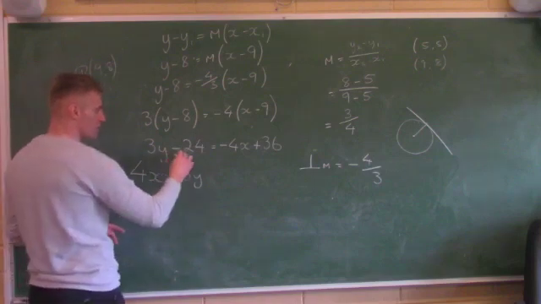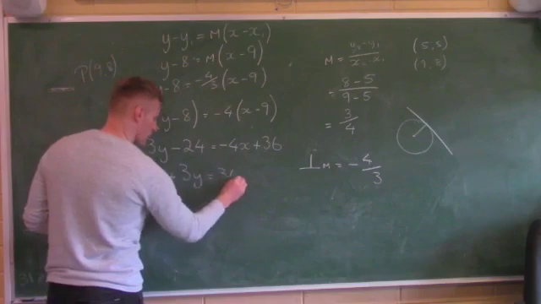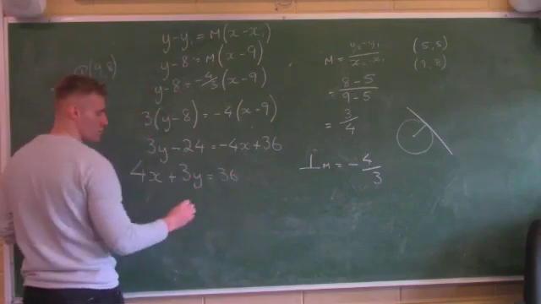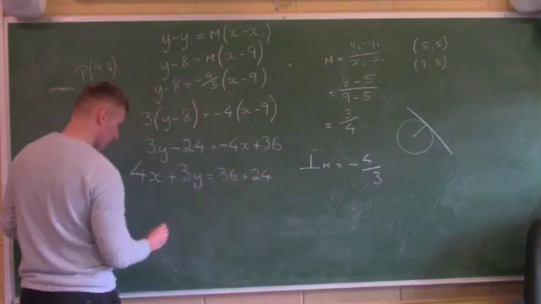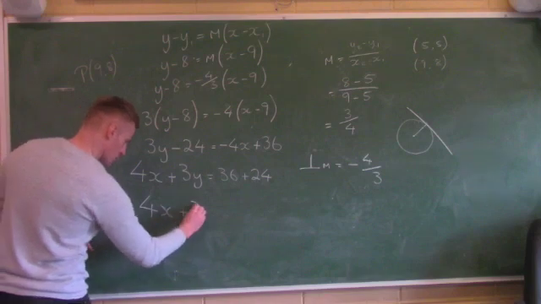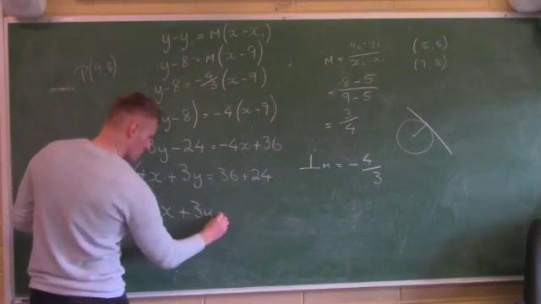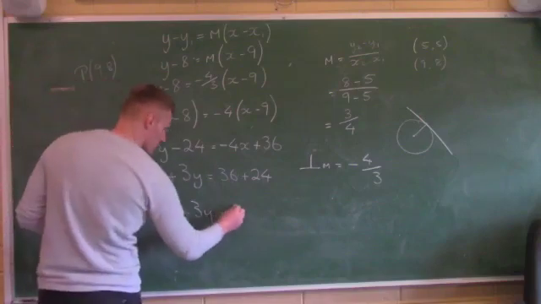I'm going to make them positive, so I'm going to bring it across. Equals 36. It was a minus 24, so now it's going to become plus 24. So 4x plus 3y equals 36 plus 24, which gives me 60.